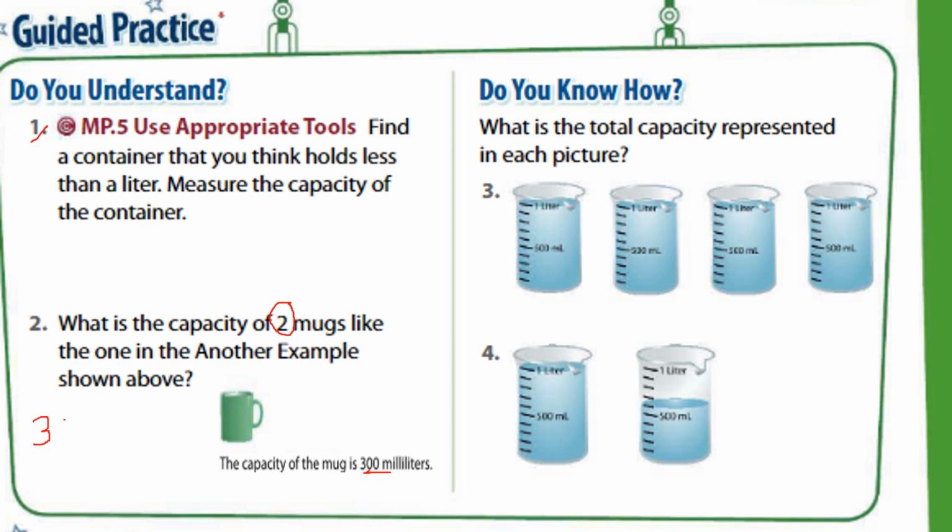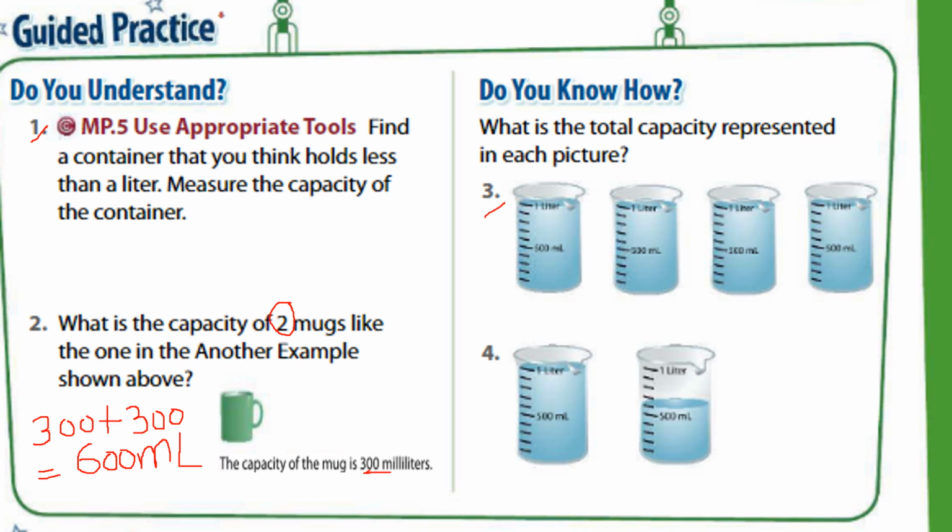Excellent. 300 plus 300. Very good. And it is equal to, excellent, 600 milliliters. So the capacity of 2 mugs will be 600 milliliters.